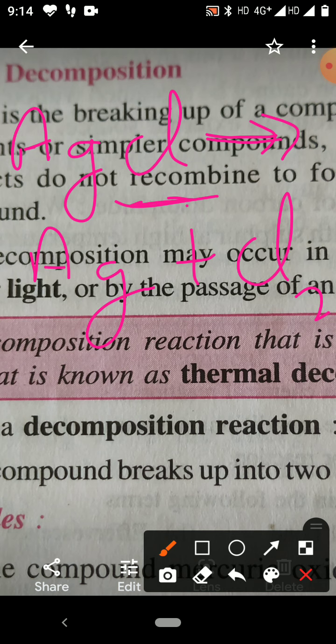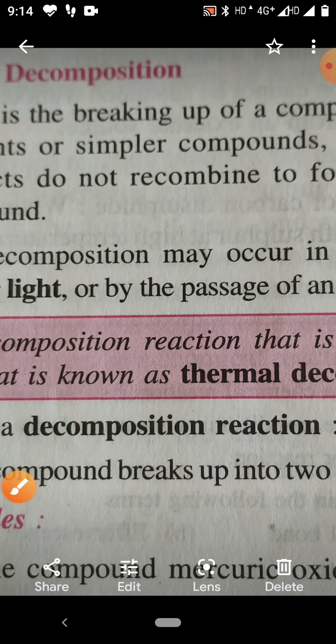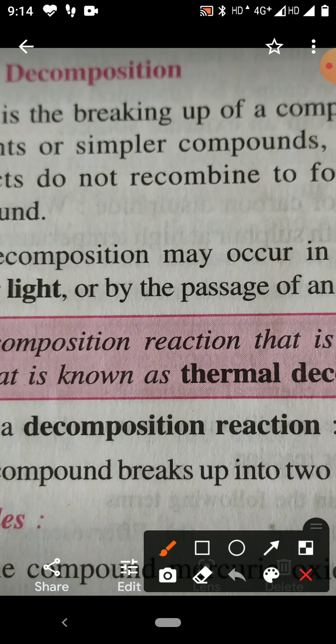Next one is electrolytic decomposition reaction. Electrolytic decomposition is a decomposition reaction which is brought about by passage of electric current. So by passage of electric current, water decomposes into hydrogen and oxygen. How will water decompose into hydrogen and oxygen?